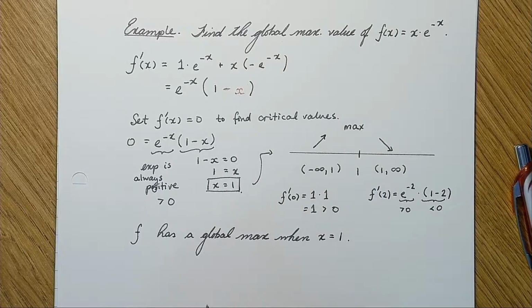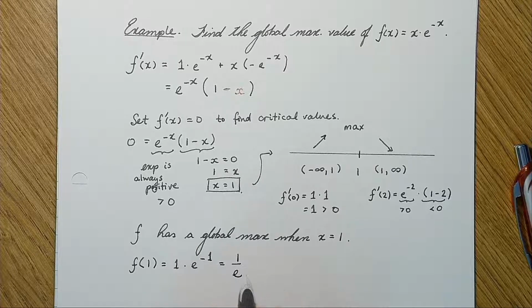And what that means then is I'll use f at 1. So that's 1 times e to the minus 1, or 1 over e. That's approximately 0.37. So f has a global maximum when x equals 1, and that value is 0.37.